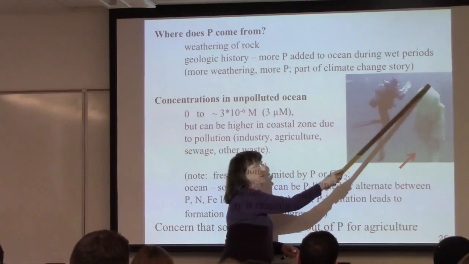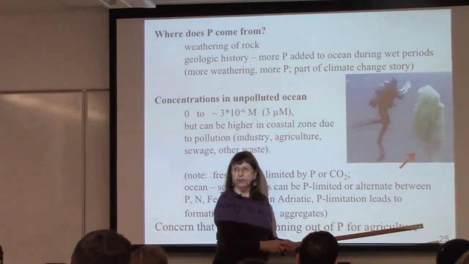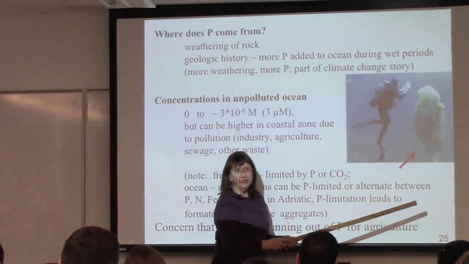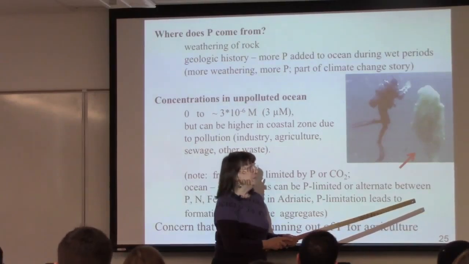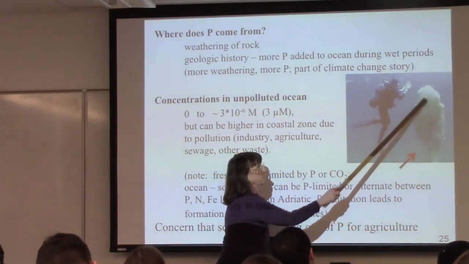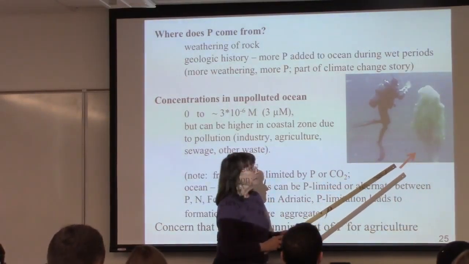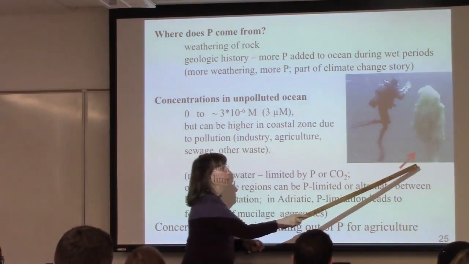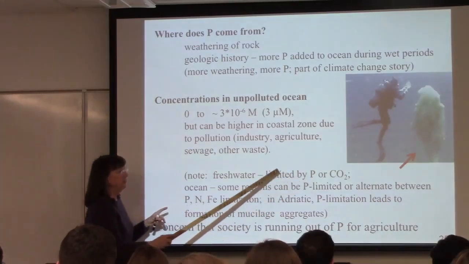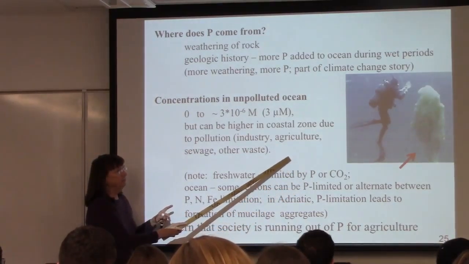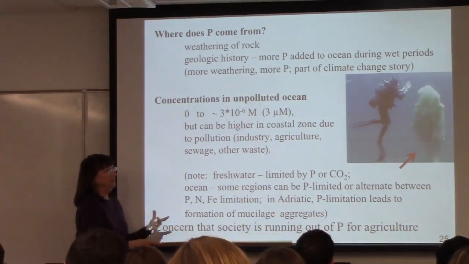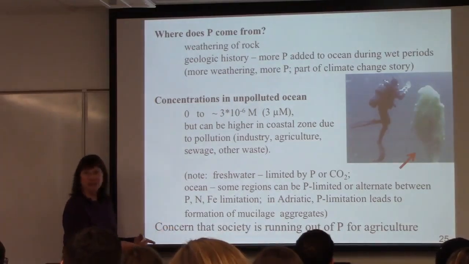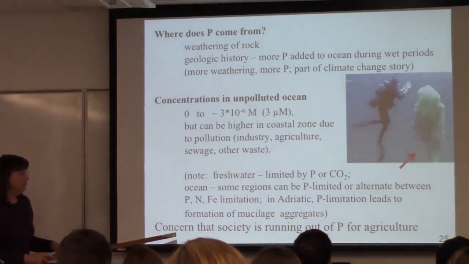And they can be the size of a VW bus. And the earliest report was in 1793 that these washed up on the shores of Trieste, Italy. And they get them as a function of phosphate limitation. So when phosphate is limiting, the phytoplankton tend to make some very funny and very, very sticky organic compounds.